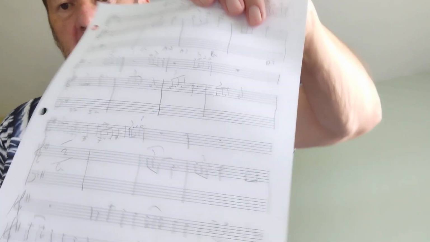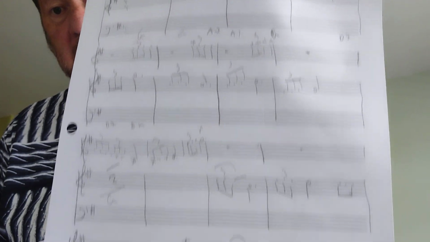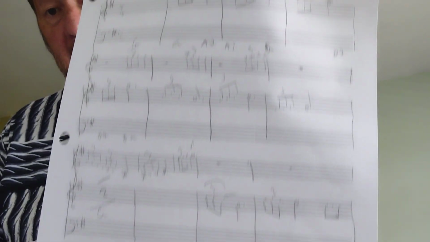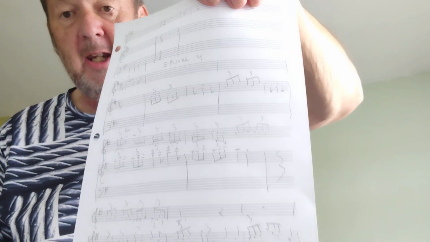It's using fragments of the tune, developing in a conversation style, a question and answer style, someone asking a question, the other person answering it, and making a two-way conversation.